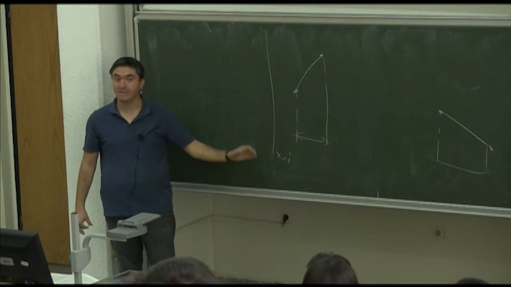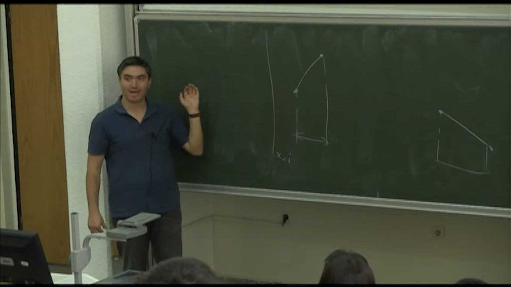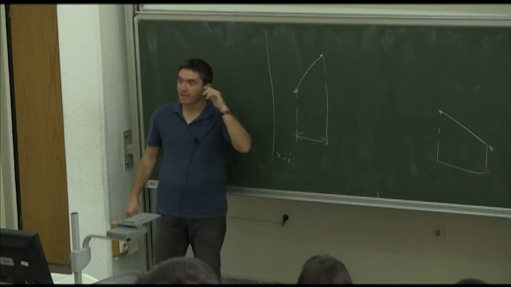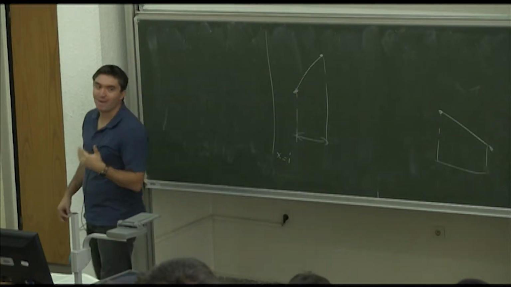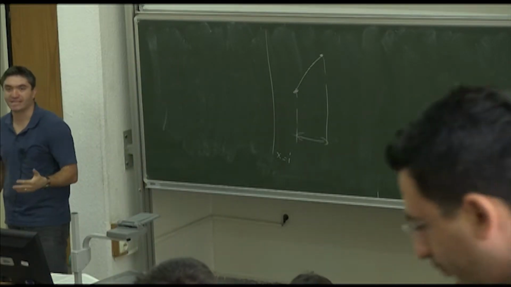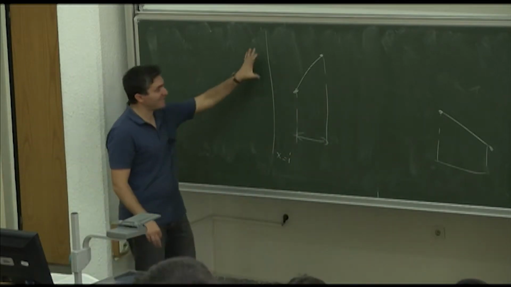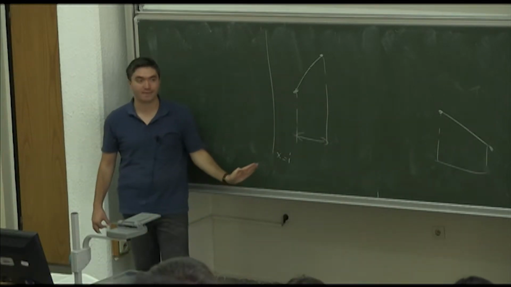So we are going to sweep a vertical line from left to right, and during the sweep we are going to maintain a set of line segments that intersect this vertical line.